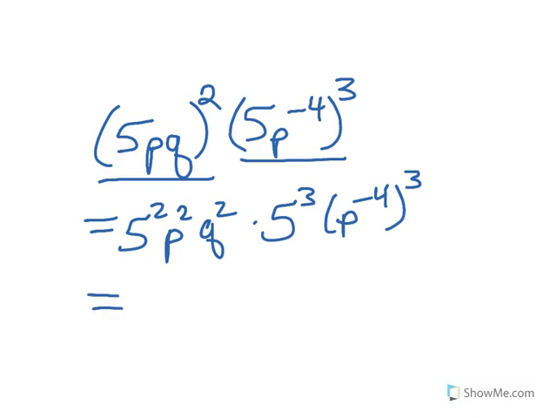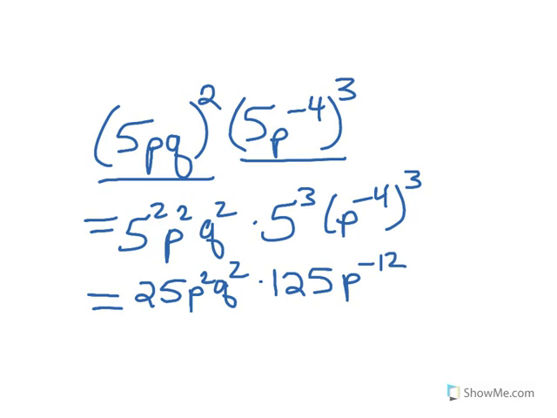The next step is to simplify as much of this as we can and start putting things in the correct places. 5 squared is 25. P squared, q squared is just that. 5 cubed is 125. And then p to the negative fourth cubed is p to the negative 12.